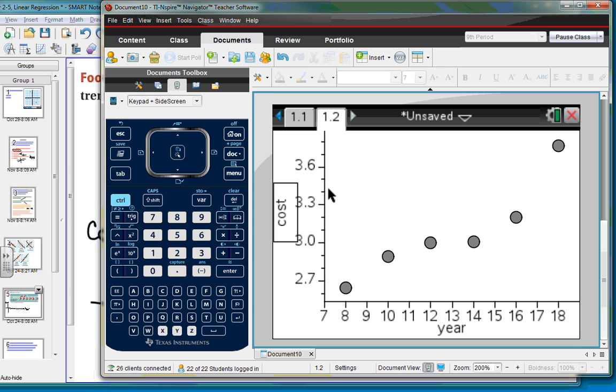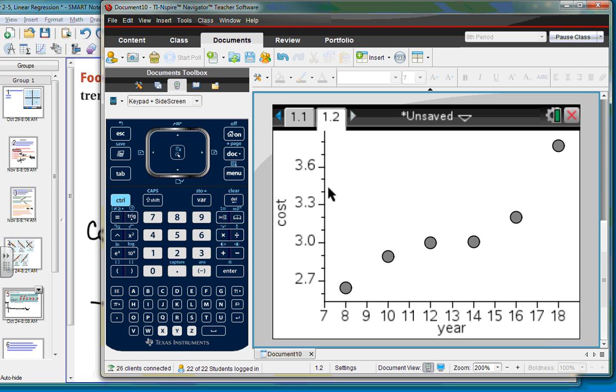Now, with that said, how do we go about finding if this has a positive or negative correlation? Well, how did we figure that out in our notes previously? We drew a line. So if we were drawing lines, we need to do the same exact thing here. Do you think your calculator will allow you to draw a line on this?